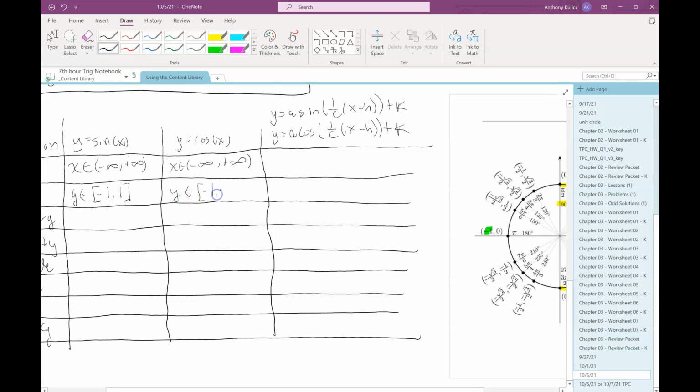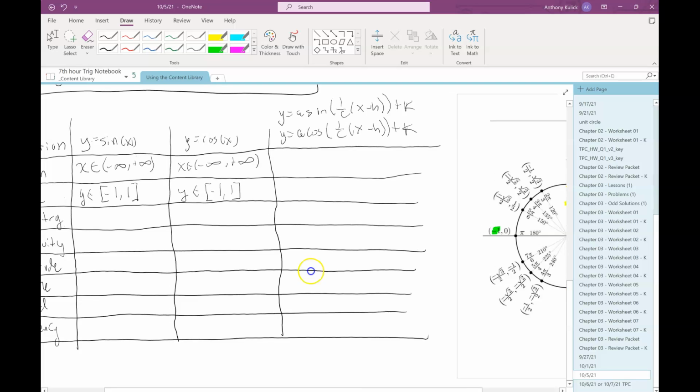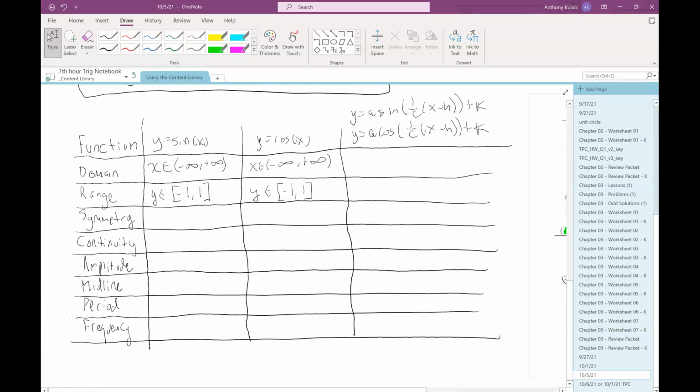Again, notice the brackets as opposed to the parenthesis. So far, so good?